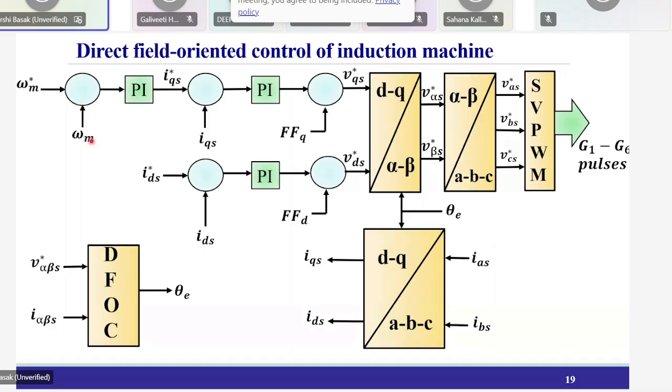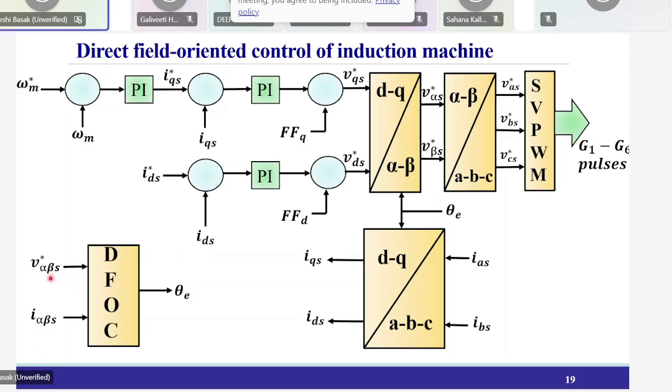It can also be applicable for speed control, but you can also do it for torque control as well. Okay, so here what you will be doing is getting the position estimate directly from the flux. That is what is called direct flux or the direct field oriented control, right?